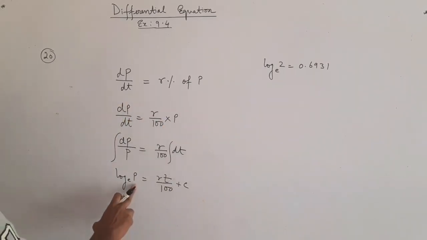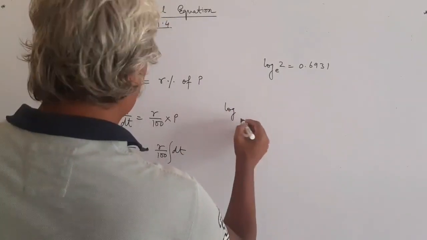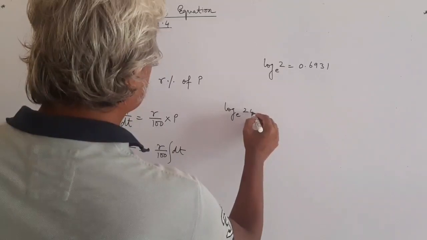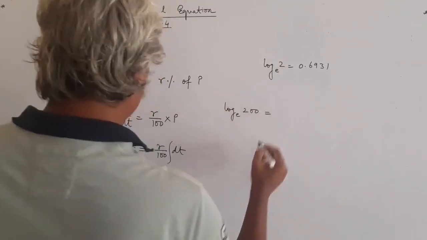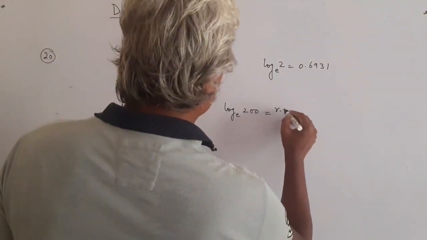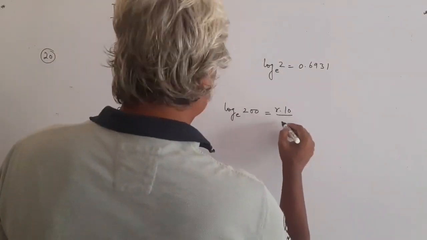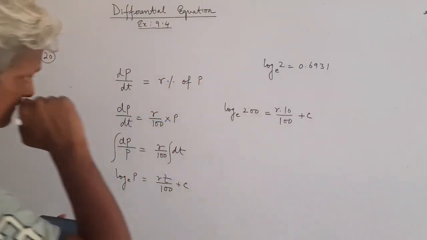So in place of P I write 200. So log e of 200 equals rt, so for 10 years, r into 10 upon 100, plus C.